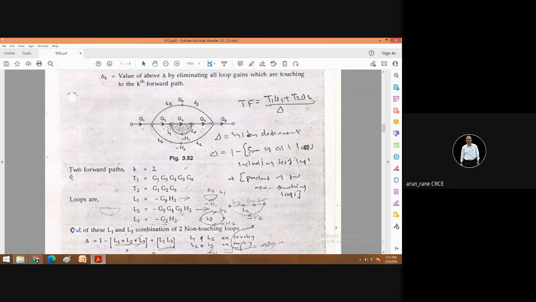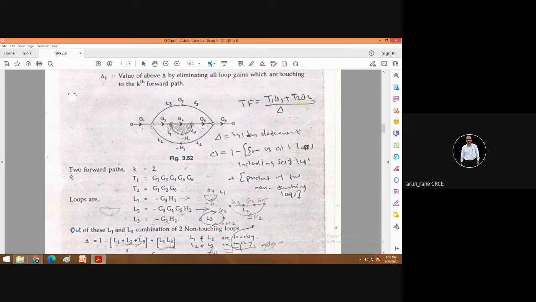Now loop number 2. Loop number 2 is like this, the second feedback loop. That is G3, G4, G5 and then H2.